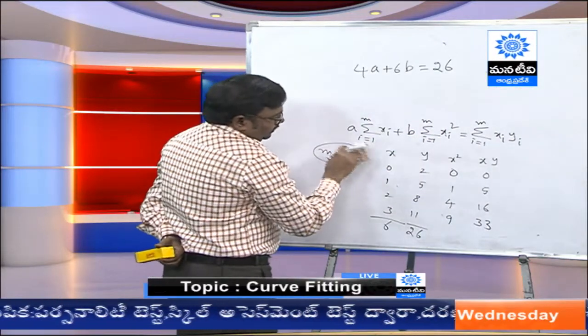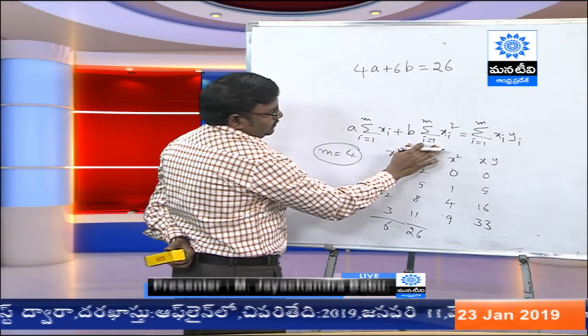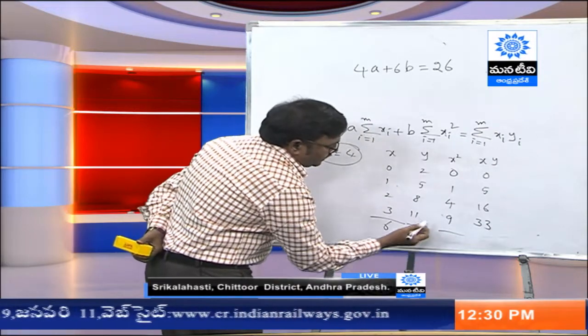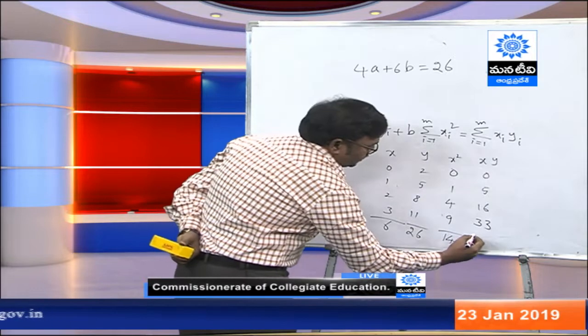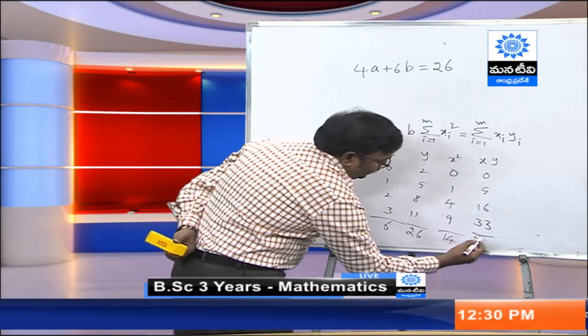and in the second equation we need to substitute sum of x_i, sum of x_i square, sum of x_i y_i. Here sum of x_i square is nothing but 14 and sum of x y equal to 54.